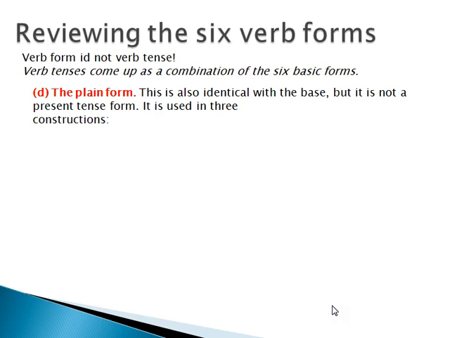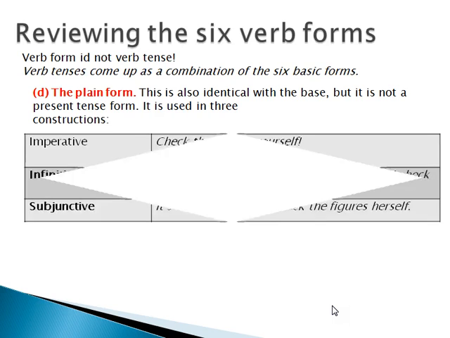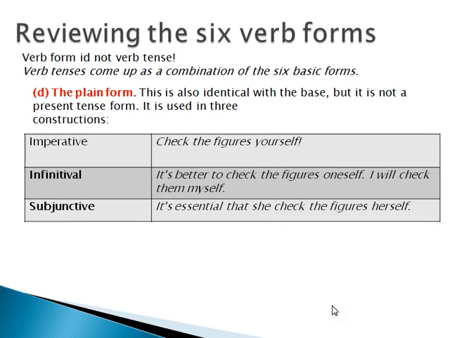The plain form is also identical with the base. It's also called sometimes infinitive without to. But it's not a present tense. Okay? It's used in three constructions: imperatives, infinitival, and the subjunctive.